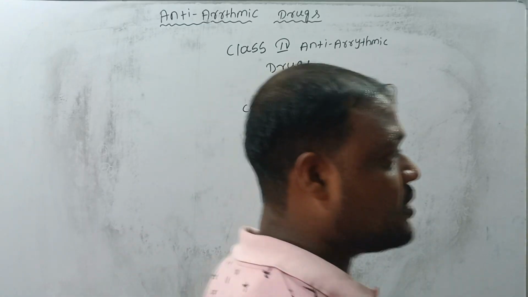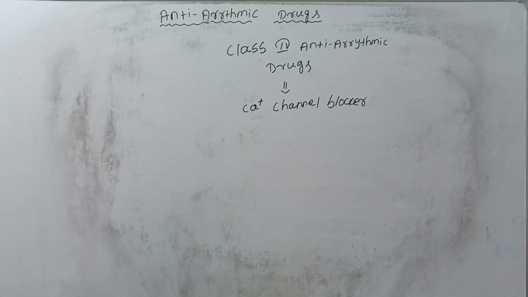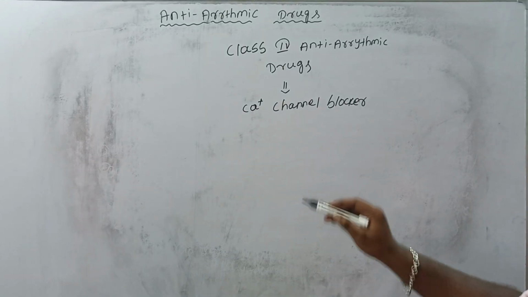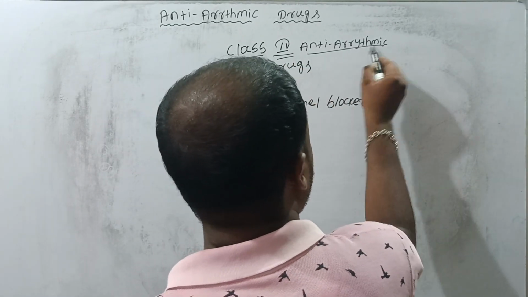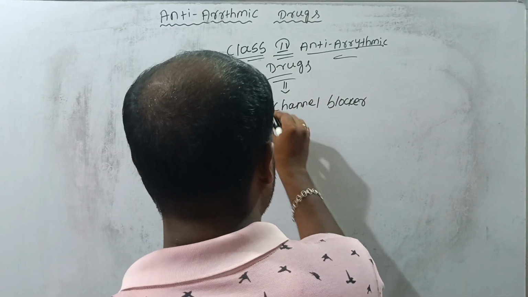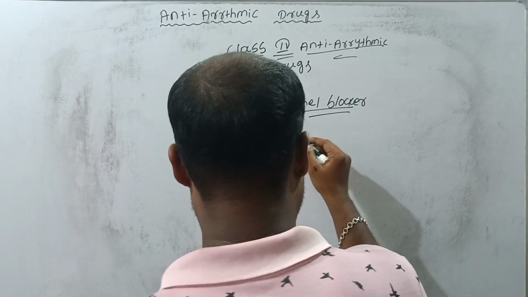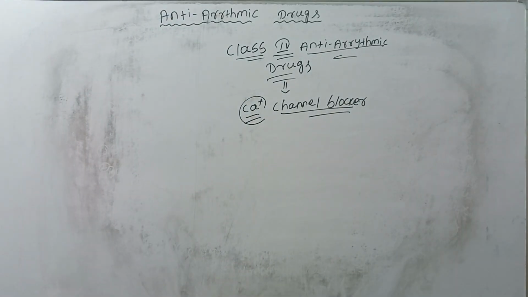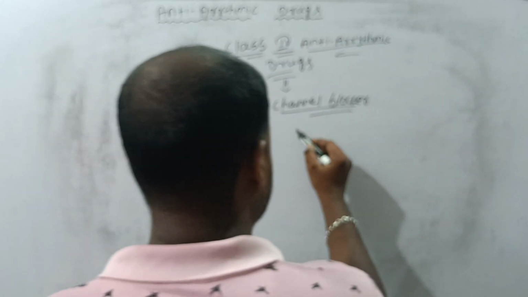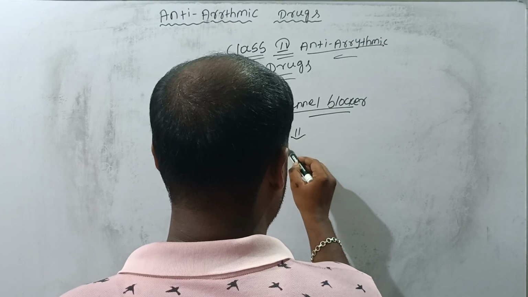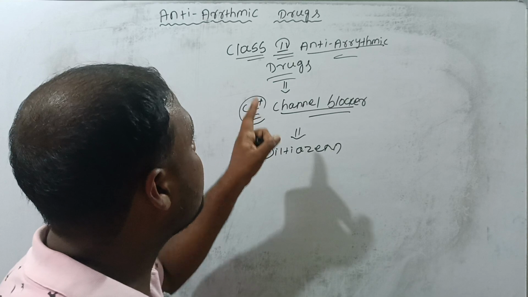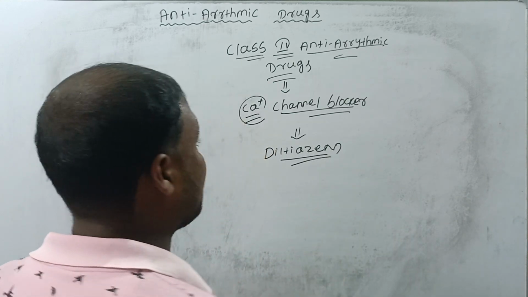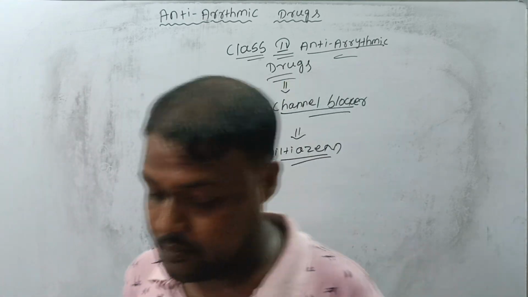That is the calcium channel blocker. The class 4 antiarrhythmic drug is the calcium channel blocker. The calcium channel blocker is diltiazem. The class 4 antiarrhythmic drug is diltiazem, which acts as a calcium channel blocker.